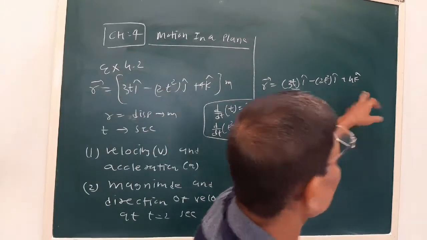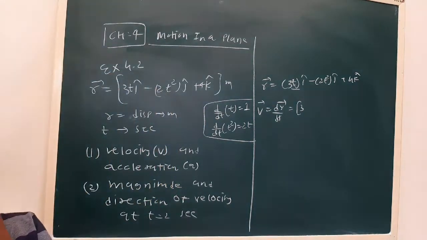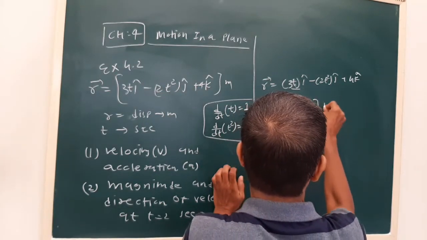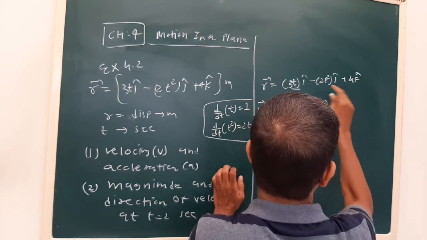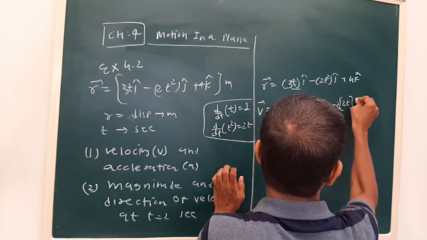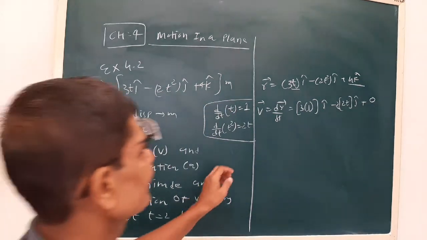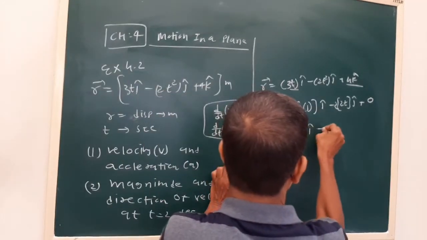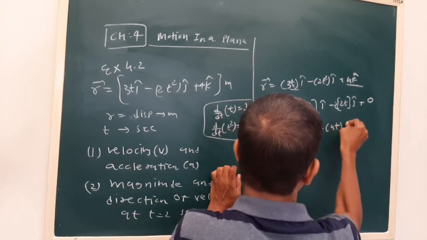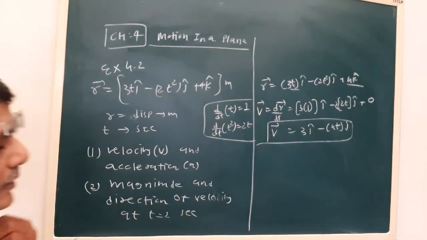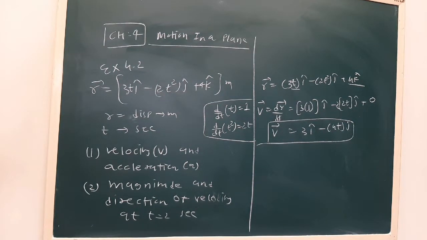There is no term with t in the k part, so derivative will be 0. Here 3 is constant, t derivative is 1. Minus 2 is constant, t square derivative is 2t. So this is 3i minus 4t j caret. This is the equation of the velocity.